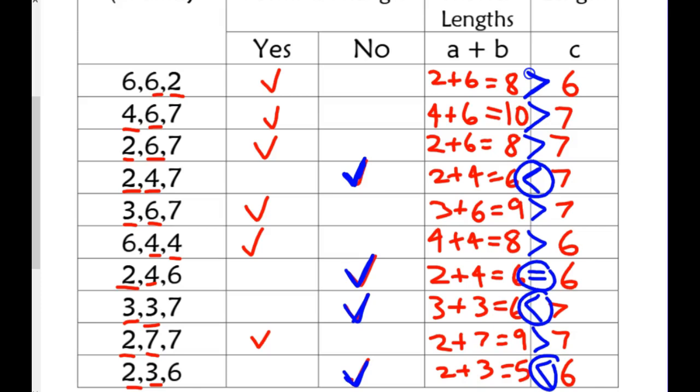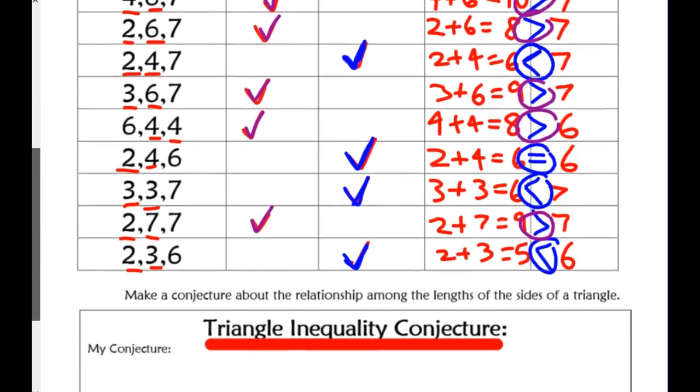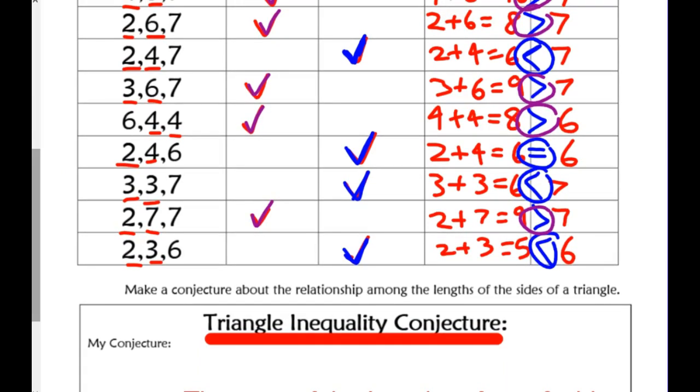That means all the yeses are what? All these yeses are greater, greater, greater, greater, greater, greater. Okay? So I want you to make your own conjecture right there where it says my conjecture. I'll give you a minute. I want you to write your own conclusion in your own words. And then I'll give you the class conjecture after that. Let's do that.